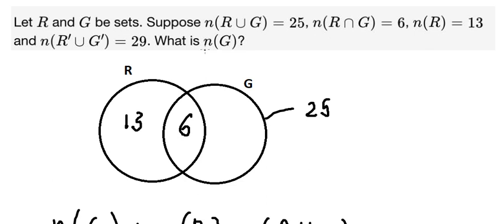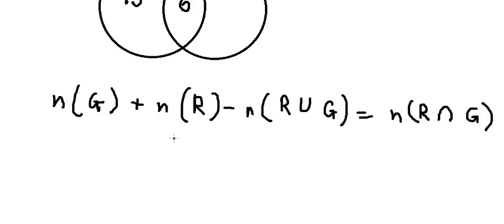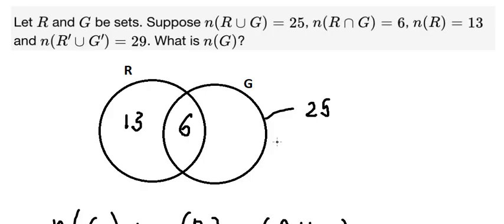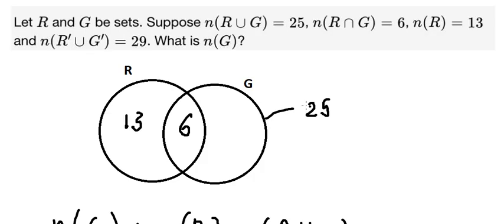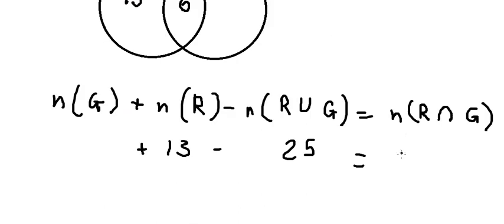We want to find the total elements in set G. So we know that this one is 13, this one is 25, and this one is number 6. And then we can find n(G).